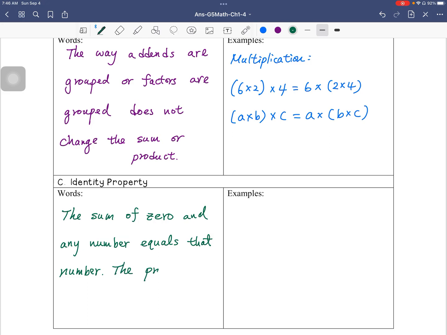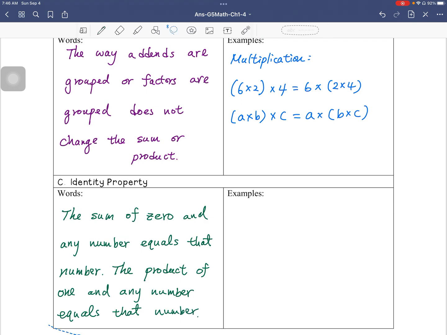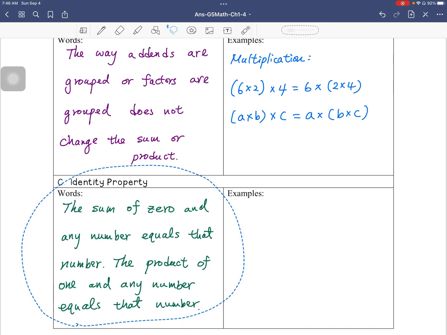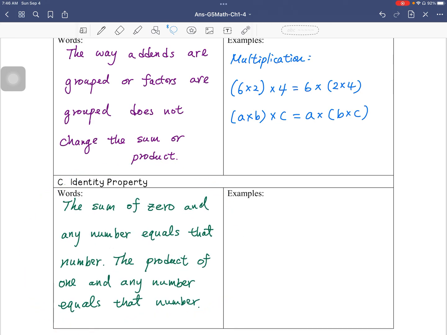The product of 1 and any number equals that number. So the identity property is that the sum of 0 and any number equals that number, and the product of 1 and any number equals that number.